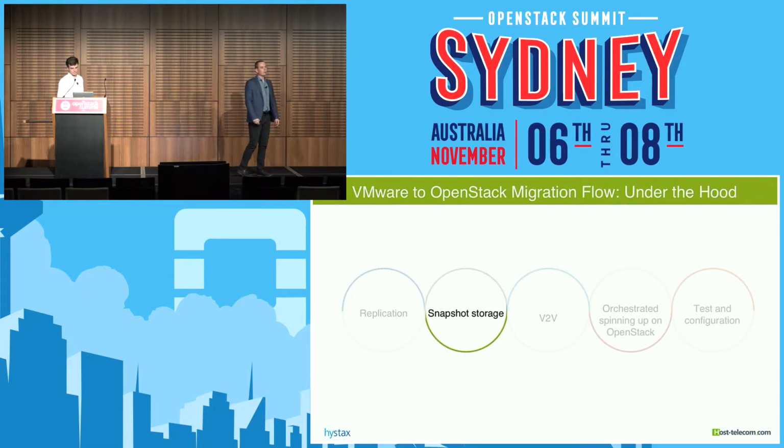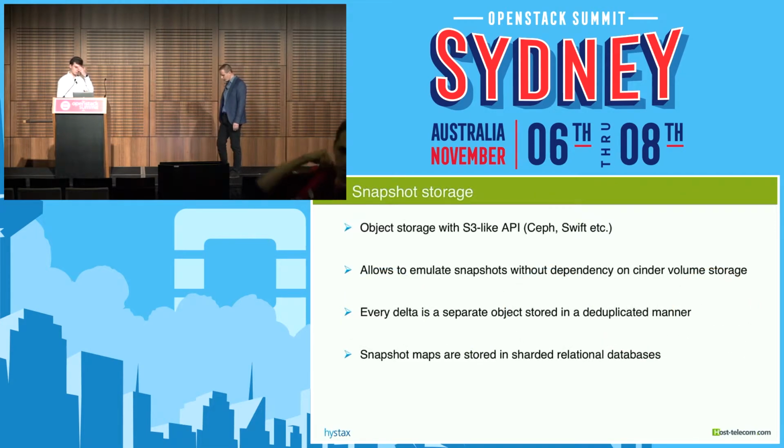Okay, so a couple of words about snapshotting and how we store snapshots. To store snapshots, we use object storage with an S3-like API. It can be Ceph, it can be Swift. In our case, it was Ceph Luminous.